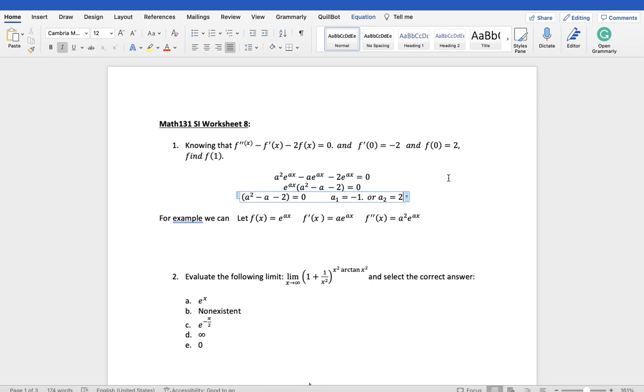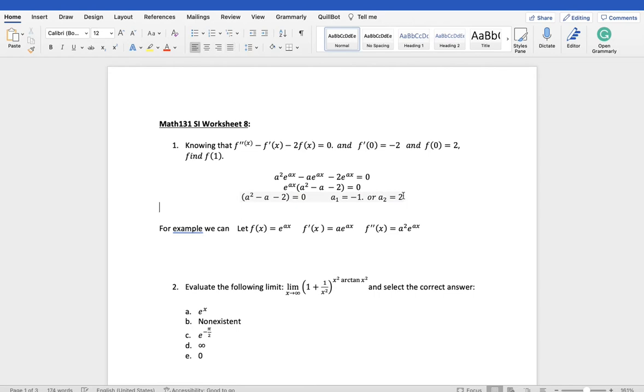So now we can go back to our original function, right? And the way we express this, because since we have two solutions, the way you express the solutions to what the value of f of x can be, you say that f of x can be equal to some constant a, that we don't know but will determine, multiplied by e to the first value of a, which is minus 1.